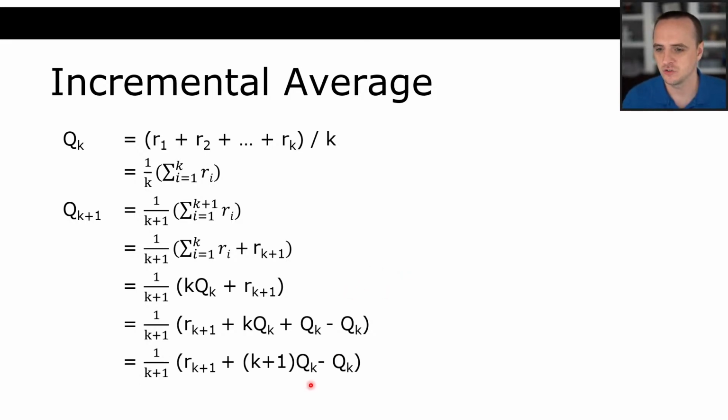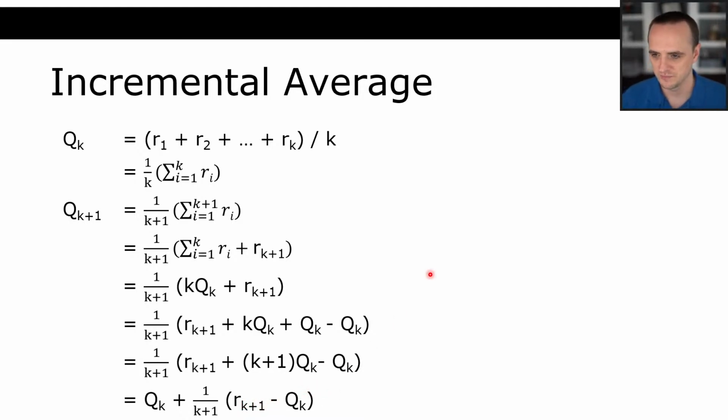If we have k times Q_k and another Q_k, then we have k plus 1 times Q_k, so we can factor that in. And now we're subtracting Q_k, and watch what we can do now. We can pull Q_k outside of here, and then what we have is 1 over k plus 1 times our (r_(k+1) minus Q_k).